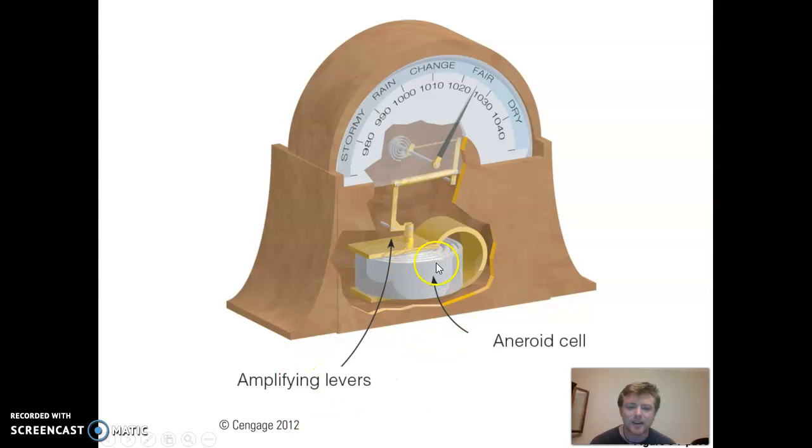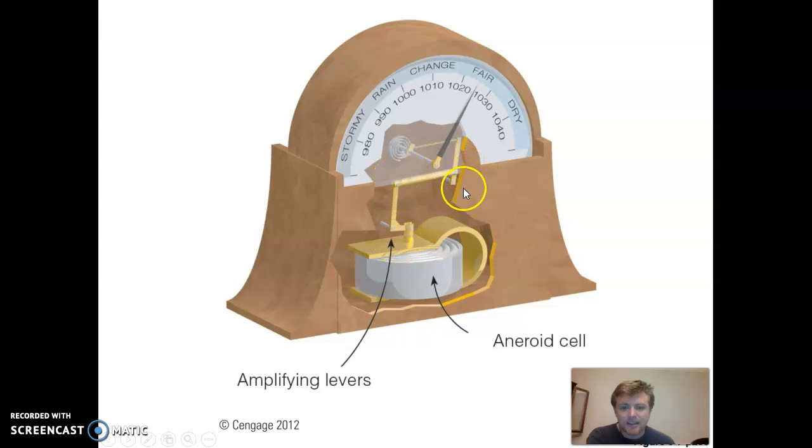This is another example of a barometer. It's an aneroid barometer. In this little pouch, this is not metal, there's actually just a fluid with a little bit of air in there. As the air expands and contracts due to changes in the atmospheric pressure, it's going to move this a very small amount.